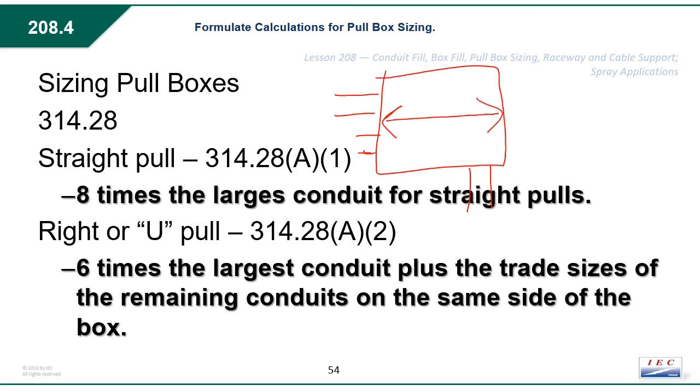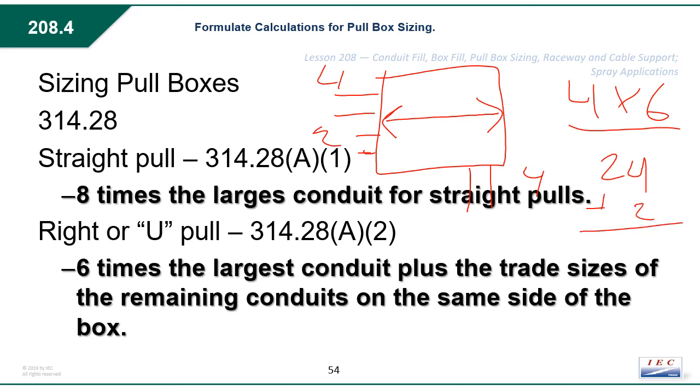My width, not my height, my width. So I take my largest conduit, which was 4-inch, right? And this one was 2. I take my largest conduit, 4 inches, times 6, which gives me 24, right? Now I add the remaining inches to it. 24 plus 2, 26. The minimum width of this box needs to be 26 inches.